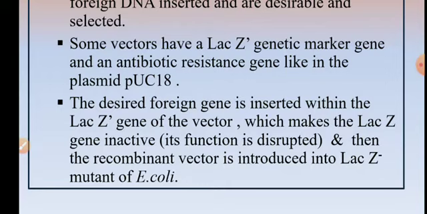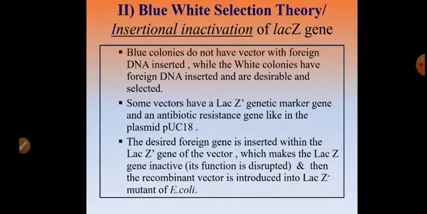So the desired foreign gene is inserted within the lacZ gene of the vector, which will inactivate the lacZ gene. Its function is disrupted, and then the recombinant vector is introduced into a lacZ mutant of E. coli. That means which is deficient in the lacZ gene. lacZ minus E. coli cells are selected.